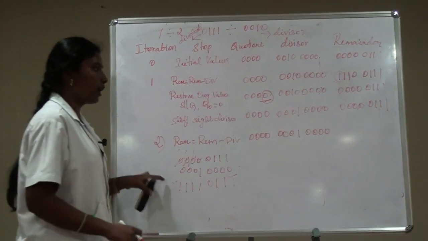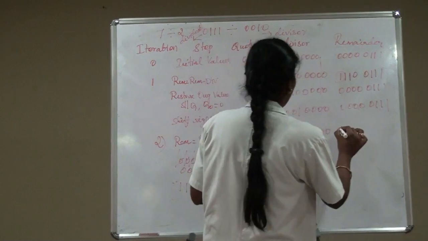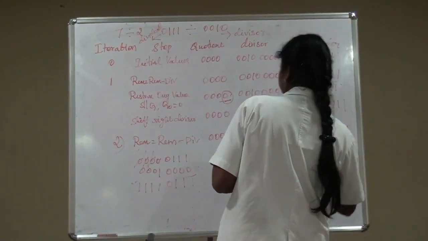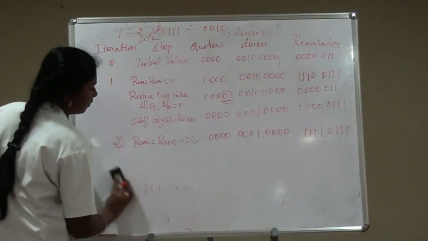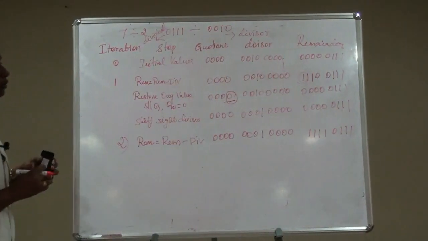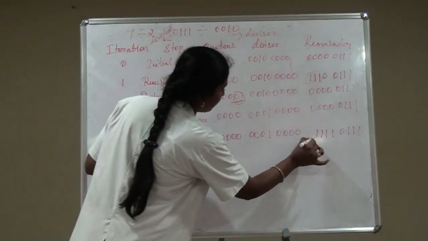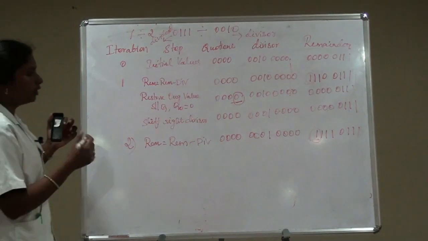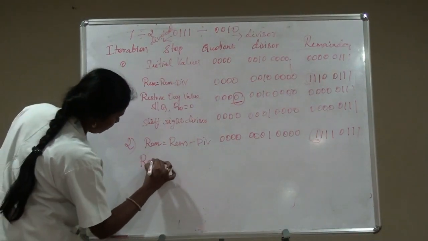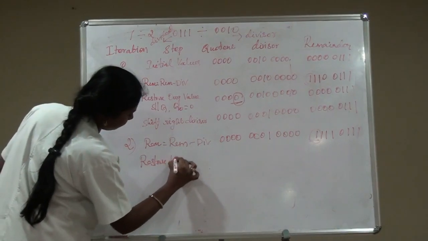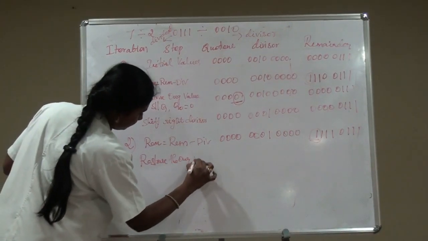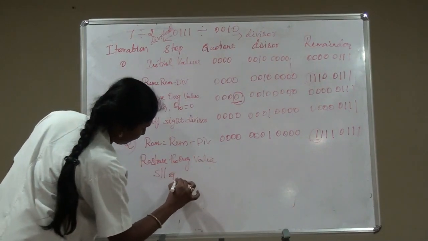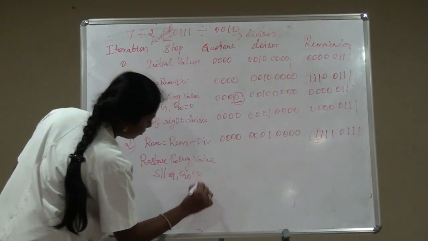I have to place this value in the remainder register. The next step I have to check the condition, check the remainder bit, it is equal to 1. Again I am going to restore the original value and shift left logical. Set Q naught equal to 0.